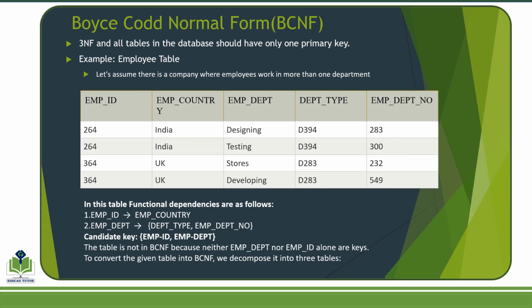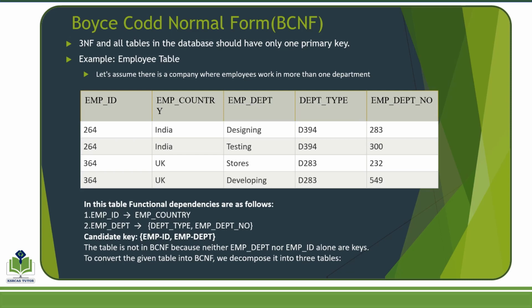So what is a primary key? A primary key can hold only unique values. There should not be any repetitions, and it won't allow any null values. That is what is called a primary key. So in Boyce-Codd normal form, there are two conditions: the table should be in third normal form, and all tables in the database should have only one primary key.